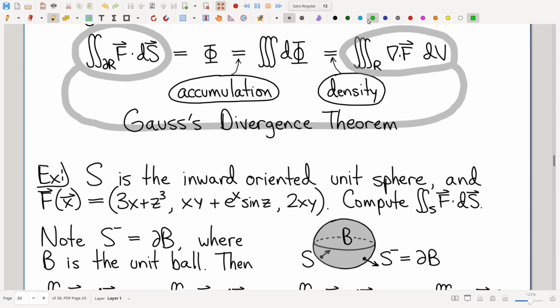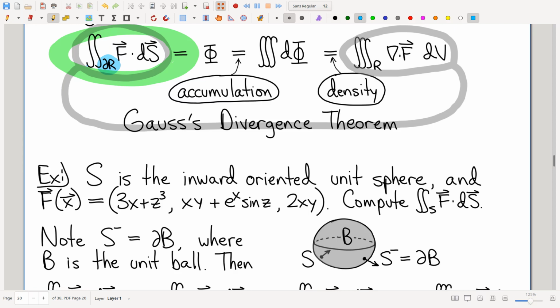Gauss's divergence theorem, as we've said several times, is not about just any old flux you want. It specifically only applies to boundaries. This is really important. It has to be a boundary.